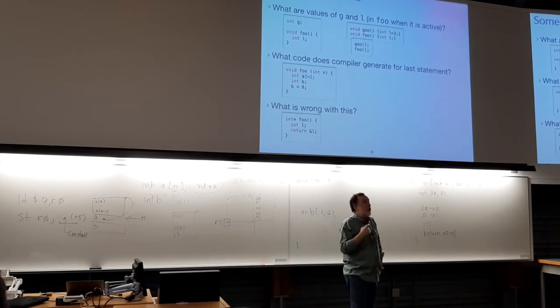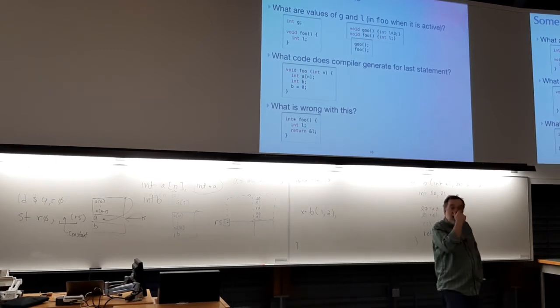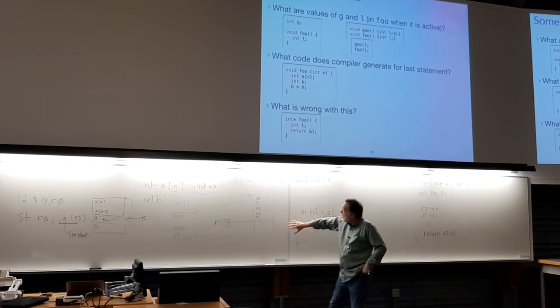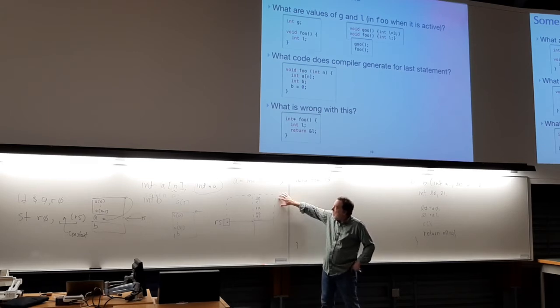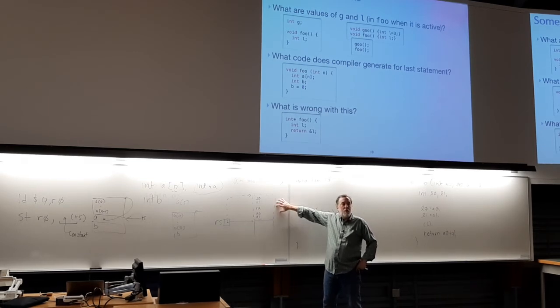Now, it's actually a bit different than a regular dangling pointer, because if it just does that, and it doesn't call any other procedures, it's going to be okay, actually. But as soon as it calls another procedure, then that procedure is going to possibly write over top of this memory. And at that point, the dangling pointer will have other things in it, related to the subsequent procedure call.